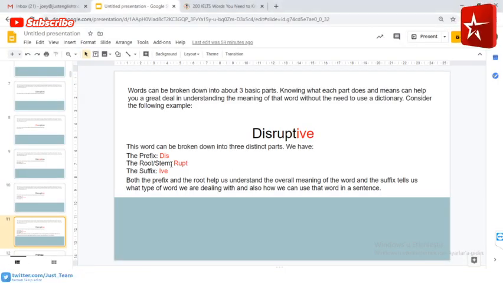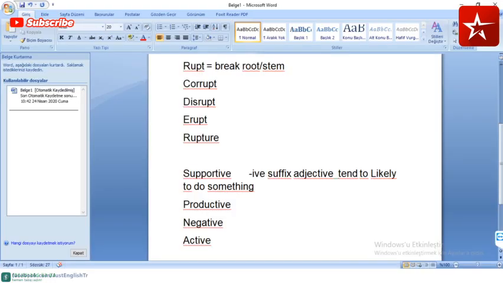So this and rupt have given me some very important information as to the main meaning of this word. The suffix -ive is basically telling me what type of word I'm dealing with.